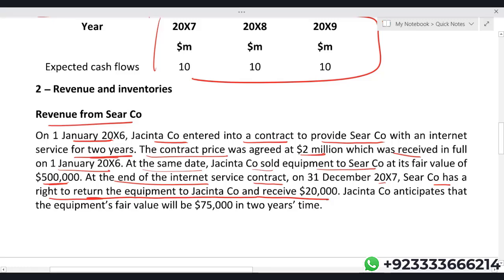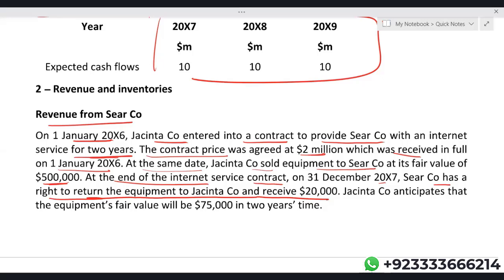Now, students, try to understand the arrangement. As far as internet services is concerned, we have already discussed it will be recognized over 2 years, every year 1 million, finished. Then the second issue is Jacinta Company has sold equipment to Share Company for 5 lakh.